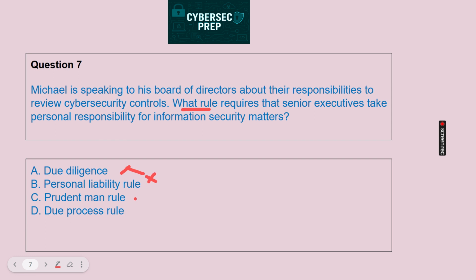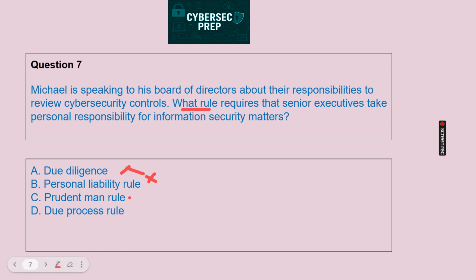Prudent man rule. Now, prudent man rule is a rule which requires that senior executives take personal responsibility for ensuring that due care that ordinary prudent individuals would exercise in the same situation. Right. So this rule was originally applied to financial matters, but the federal sentencing guidelines applied it to information security matters in the United States in the year 1991.